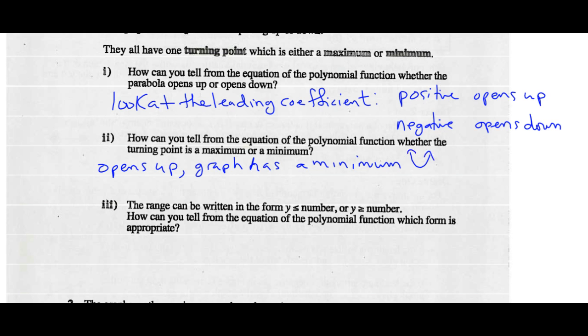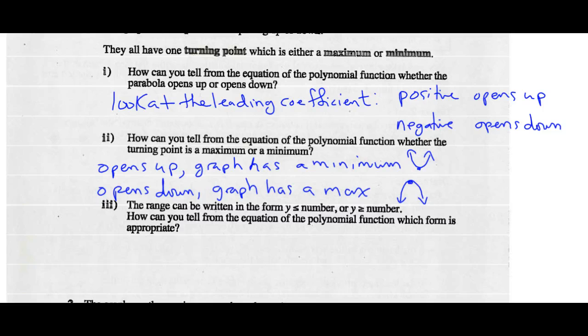Opens up, this point must be a minimum. And if the graph opens down, then the graph has a maximum. If that graph's opening down, then that vertex point would be the maximum.